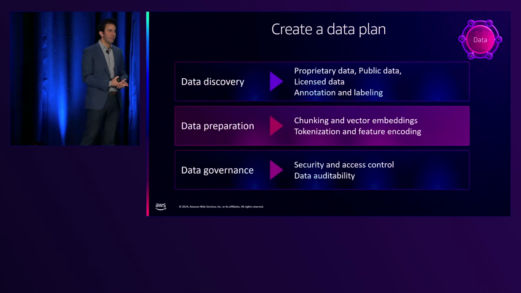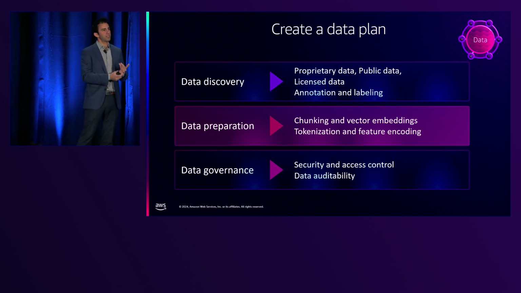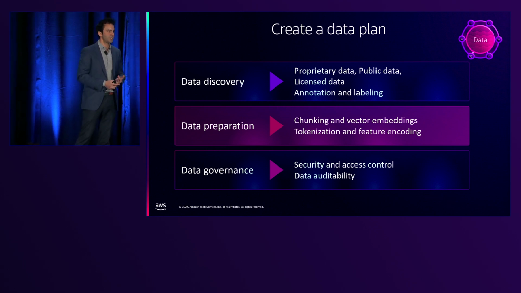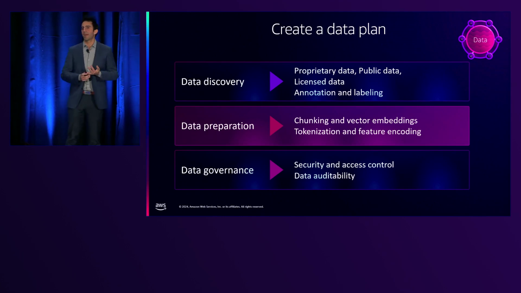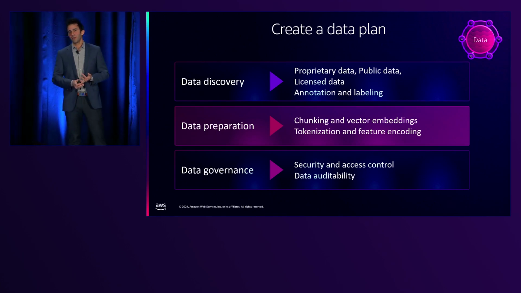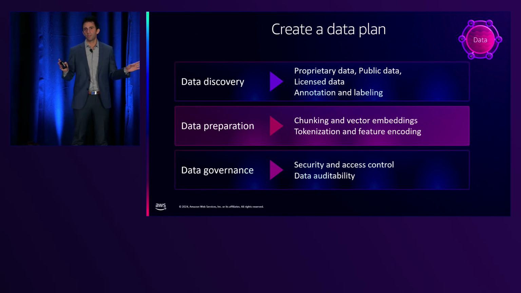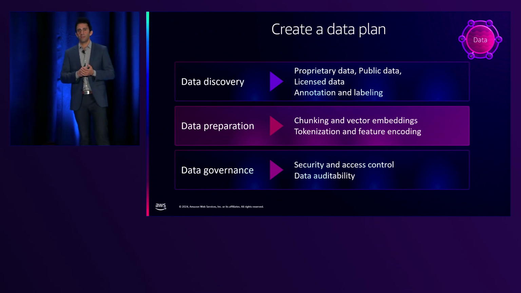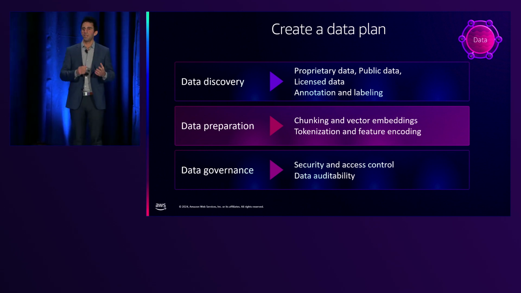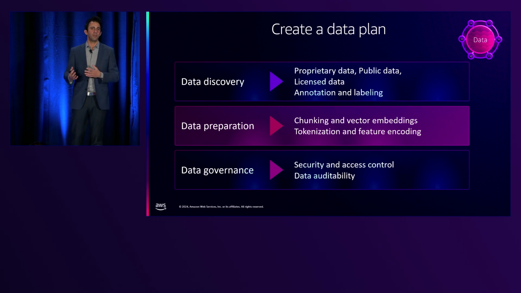In data discovery, we talked about different options for places that you can secure data, whether that's your own organization, public or academic data sets, or by licensing data from third parties. All of these are options that we see our customers taking advantage of today. We also talked about how just because you have the data doesn't mean it's ready and optimized to be used in a generative AI application.